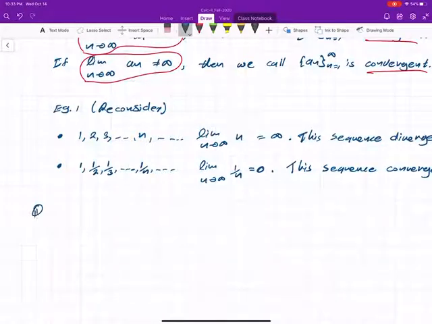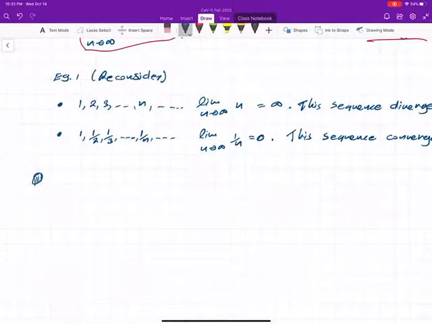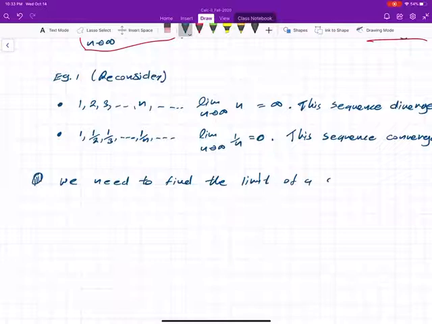Pointer 1. All right, so what I'm saying is we need to find the limit of a sequence in order to find if it is convergent or divergent.